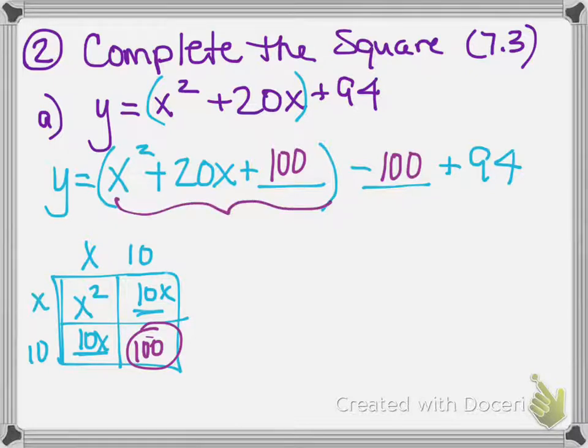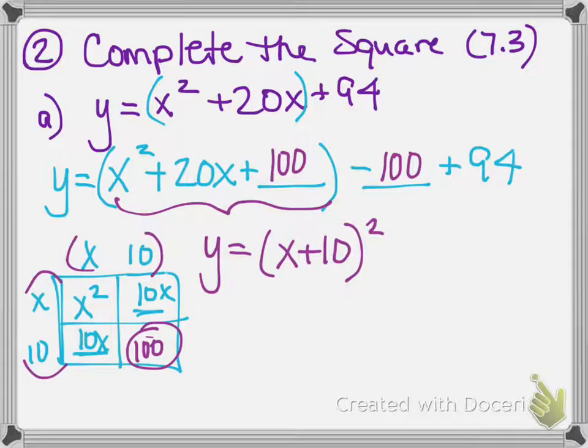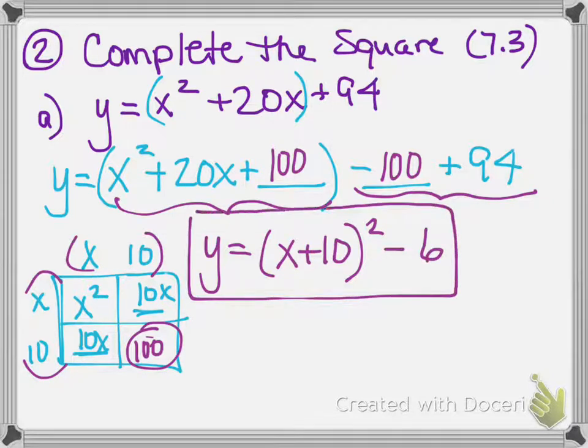This expanded form factors down into x plus 10 times x plus 10. So it factors from here. I just write it as x plus 10 squared, and then simplify the outside. Negative 100 plus 94 is negative 6. So here is vertex form. That's the first part of the question.